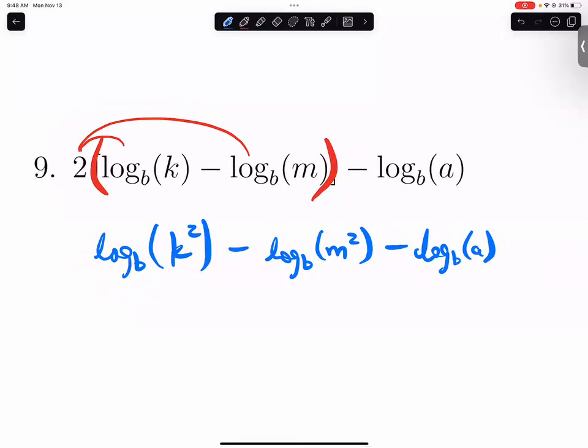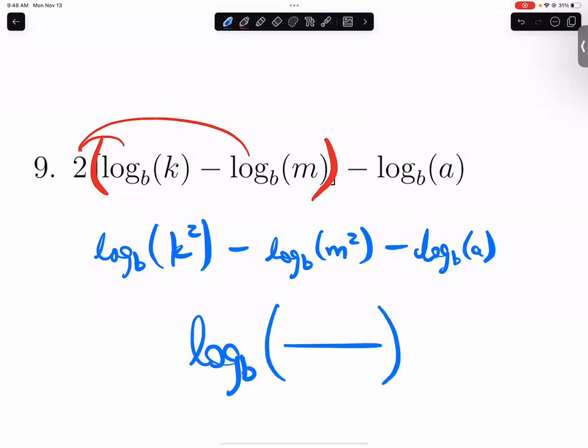Okay, so we got all of the sort of coefficients cleaned up, right? So I've got log, no coefficients, no stuff hanging out outside. Now I'm going to start combining. And how are we going to combine these? Yeah, we've got subtraction here. That's going to turn into division. So we've got k squared. I'm going to have one big logarithm.